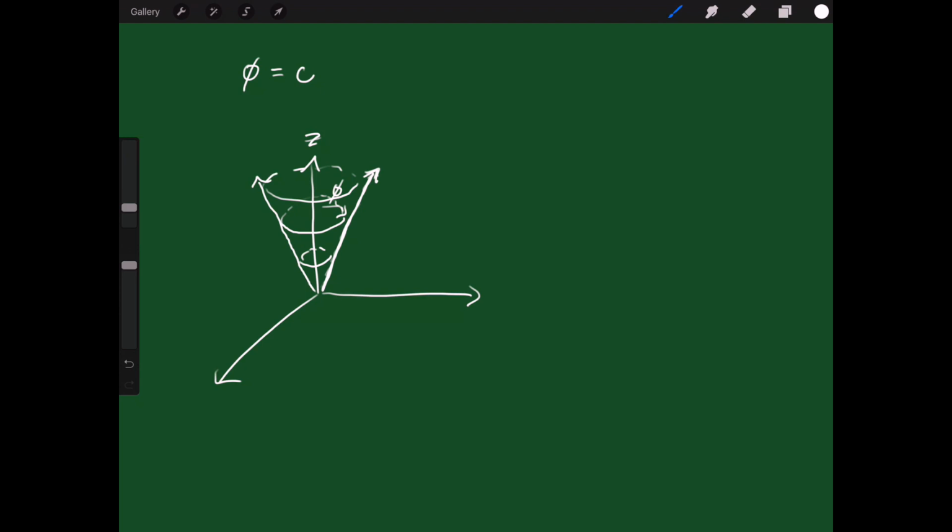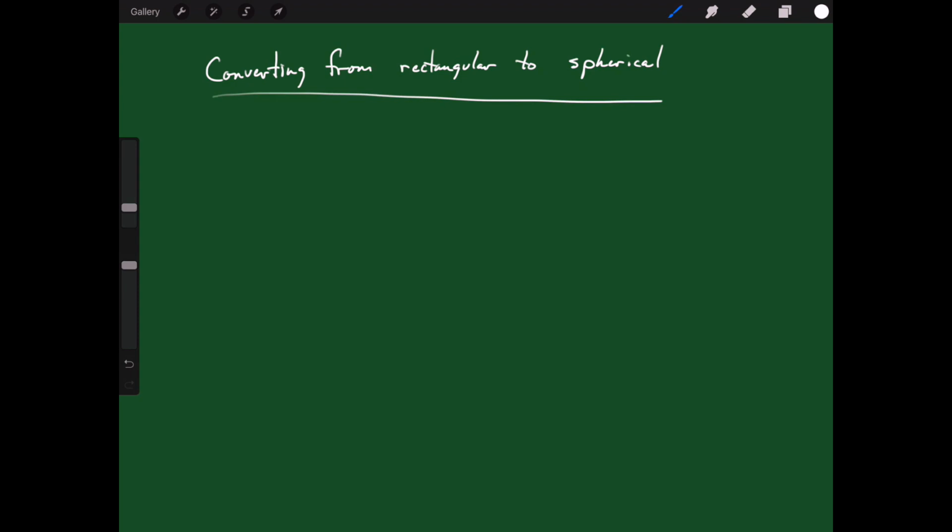Very interesting. Okay, so just like we had conversions from rectangular to cylindrical, we also need conversions from rectangular to spherical. So here are going to be my equations.